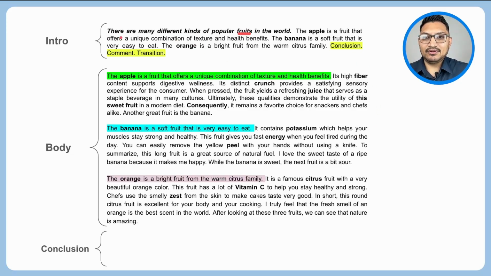Check this example. There are many different kinds of popular fruits in the world. And yes, now if you see, I'm starting to form a paragraph. Again, in this paragraph, I have a point or topic sentence, and I have already 3 examples, the ones I have created from the 3 sentences that I just copied literally.